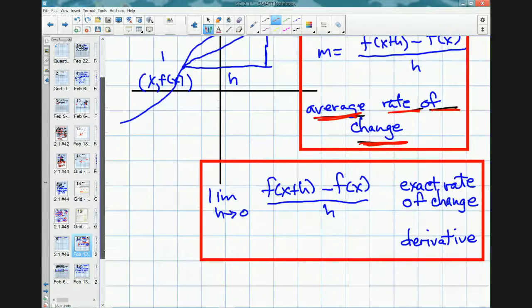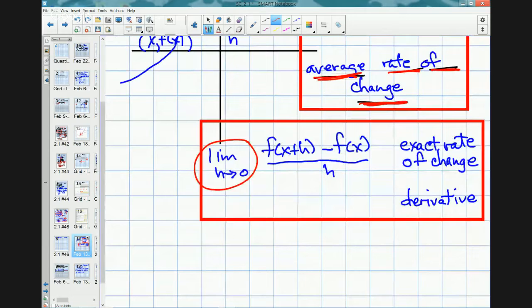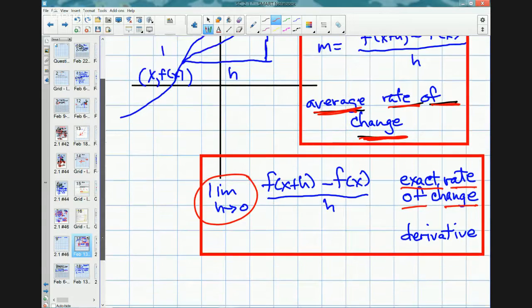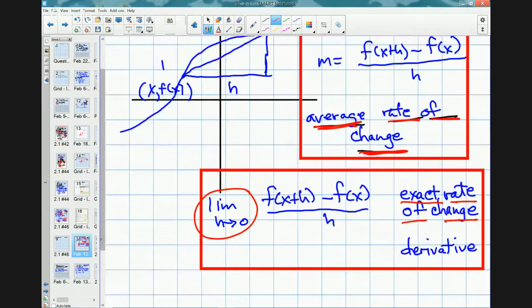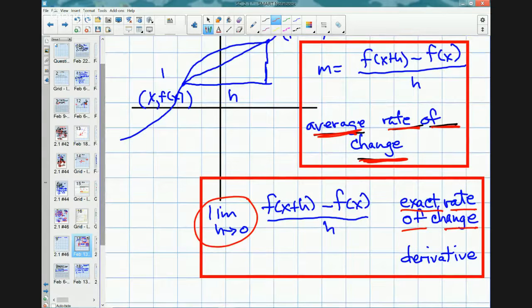But if you just do one thing, put a limit on there, as h approaches 0, you now have the exact rate of change. So you can see the leap. Average rate of change, that's kind of nice. But can you believe we can actually calculate the exact rate of change, exact? That's what this limit added onto the difference quotient does.